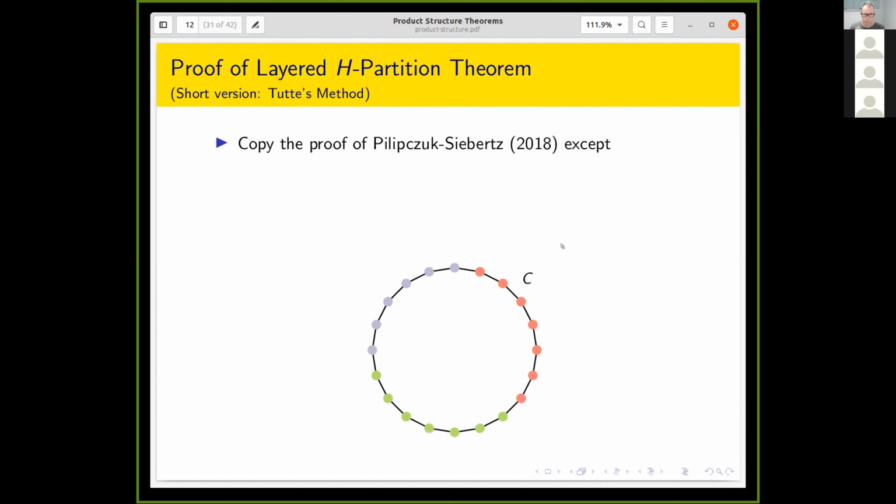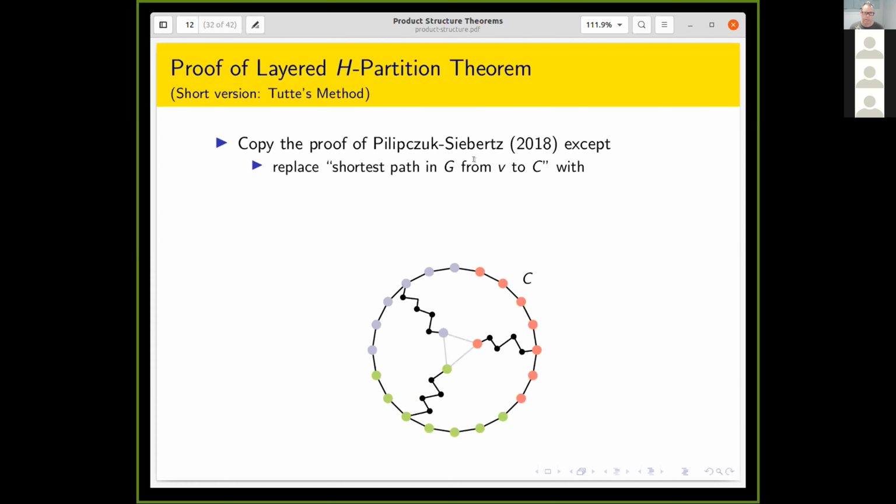So you take the proof that was in this original paper of Pilipczuk and Siebertz, except where that paper says... that proof is an inductive proof where each inductive step has a cycle, and you're looking at the subgraph inside that cycle, and there are parts in there where they say for a particular vertex, you take a shortest path from that vertex to the cycle.